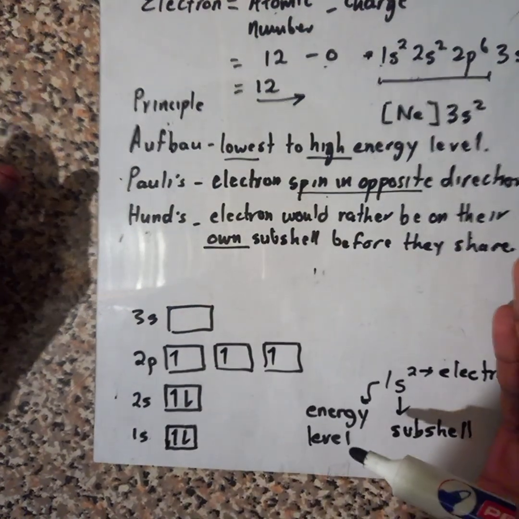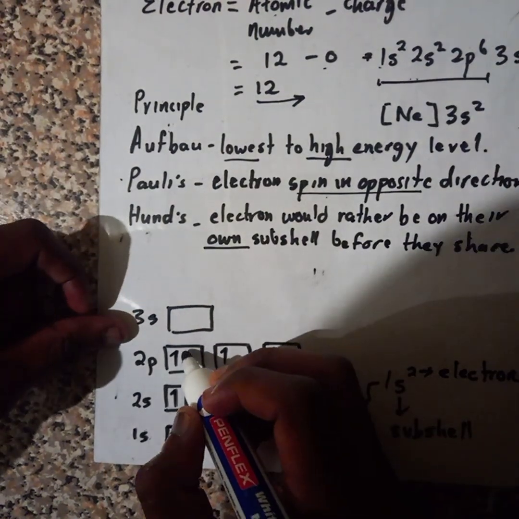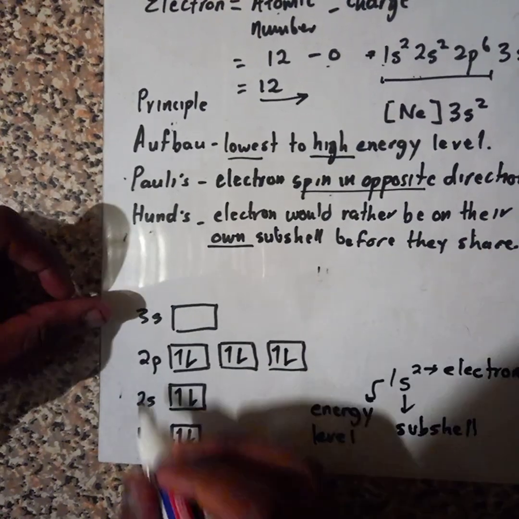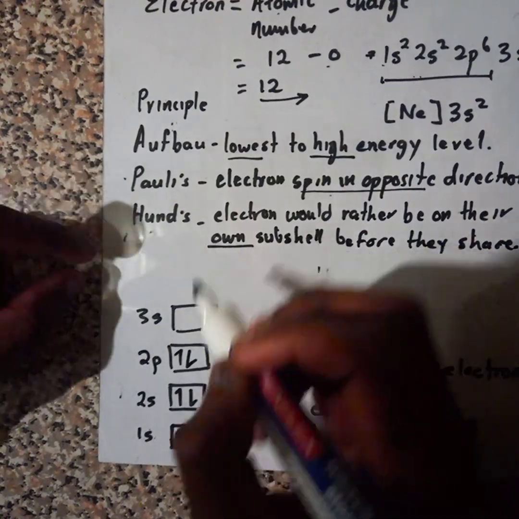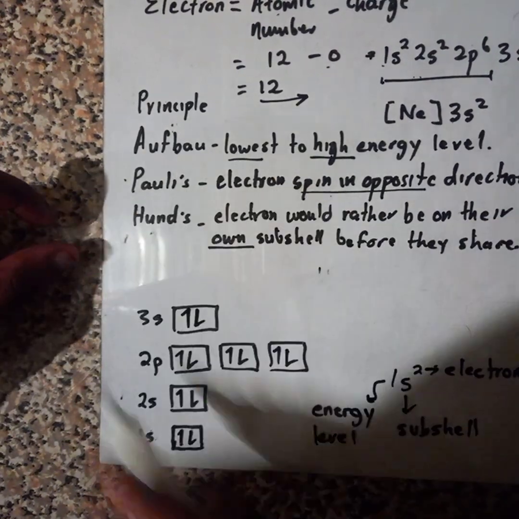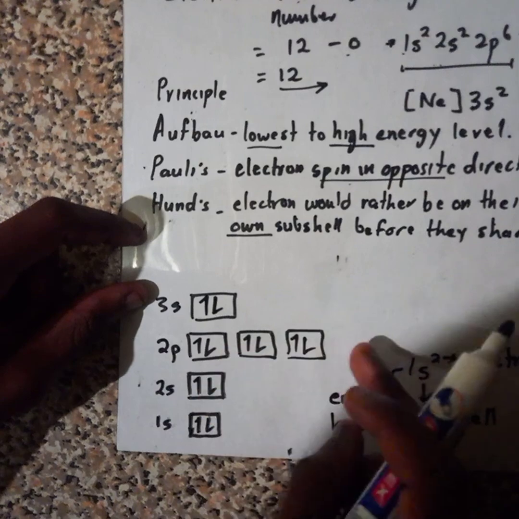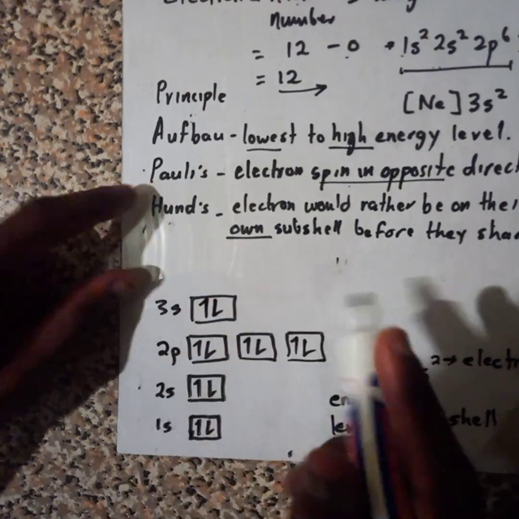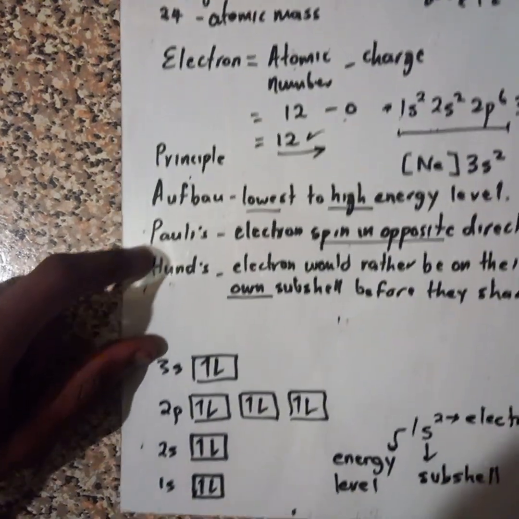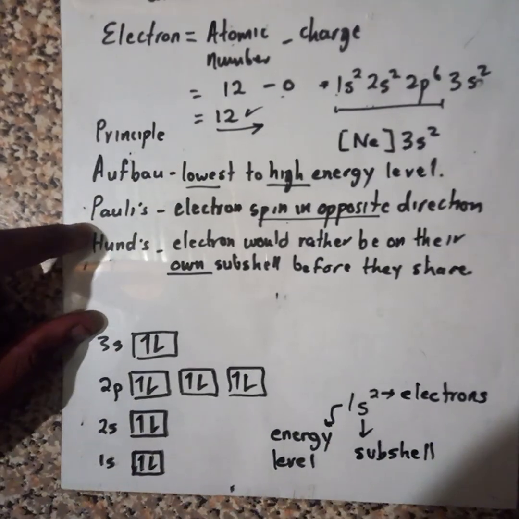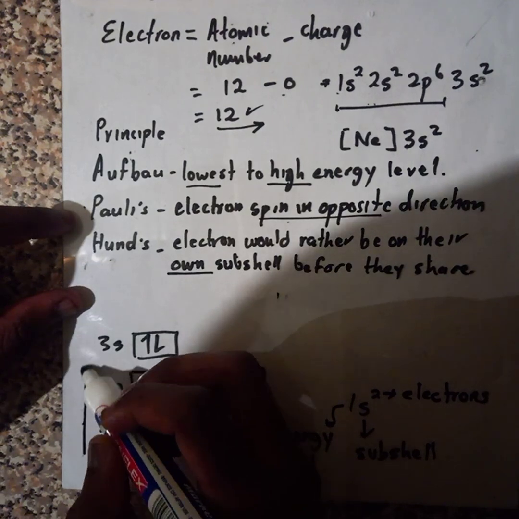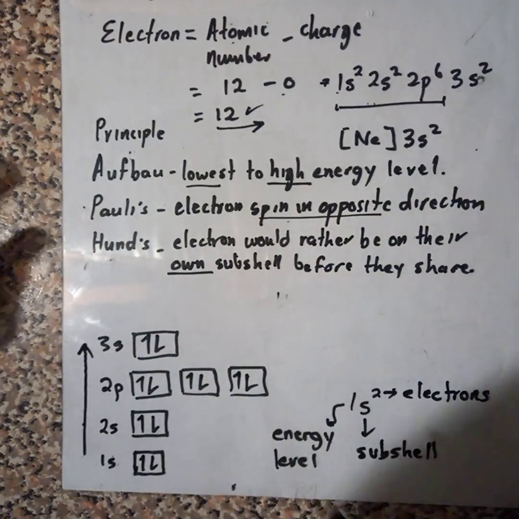Then we have completed, then we return back but in opposite direction. Now we have 10 so far. Let us complete our diagram. 1, 1. Then we have how many now? 10, 11, 12. They do correspond to that number.